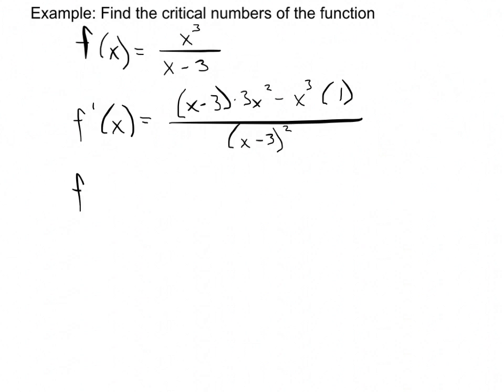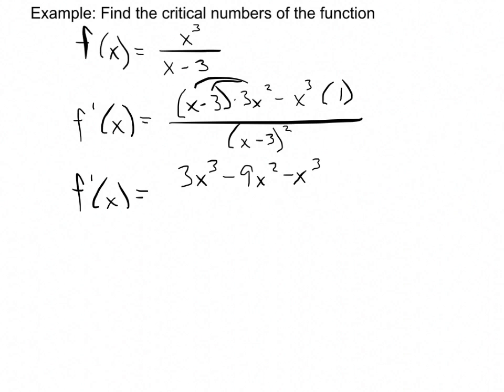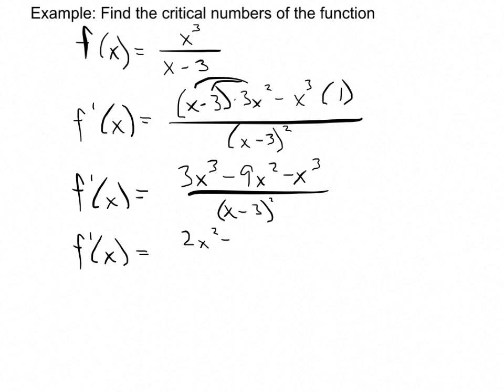Now we simplify this thing. f prime of x is, distributing this in, 3x cubed minus 9x squared minus x cubed all over x minus 3 squared. So f prime of x is now 2x cubed minus 9x squared all over x minus 3 squared.